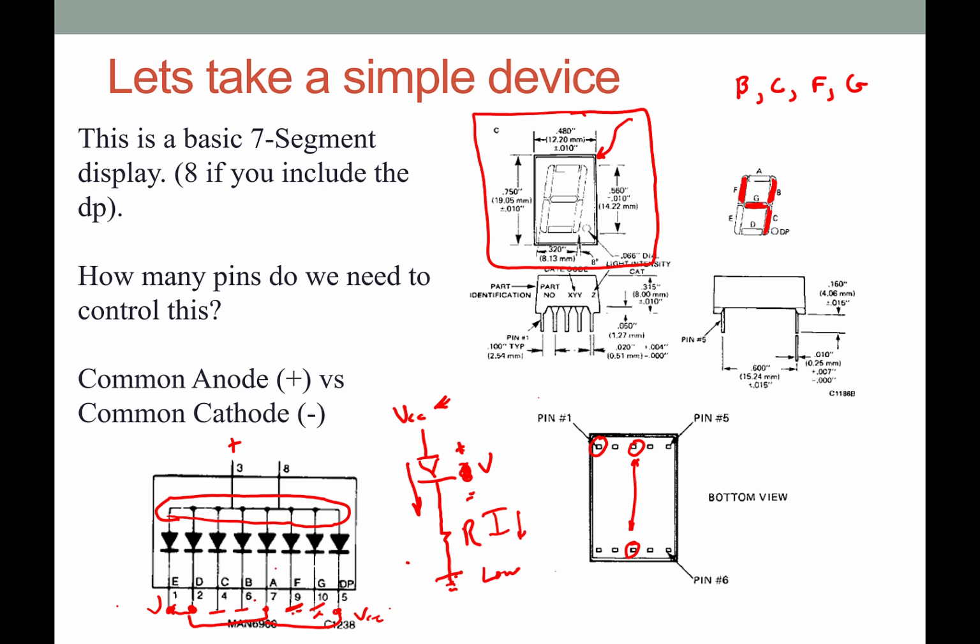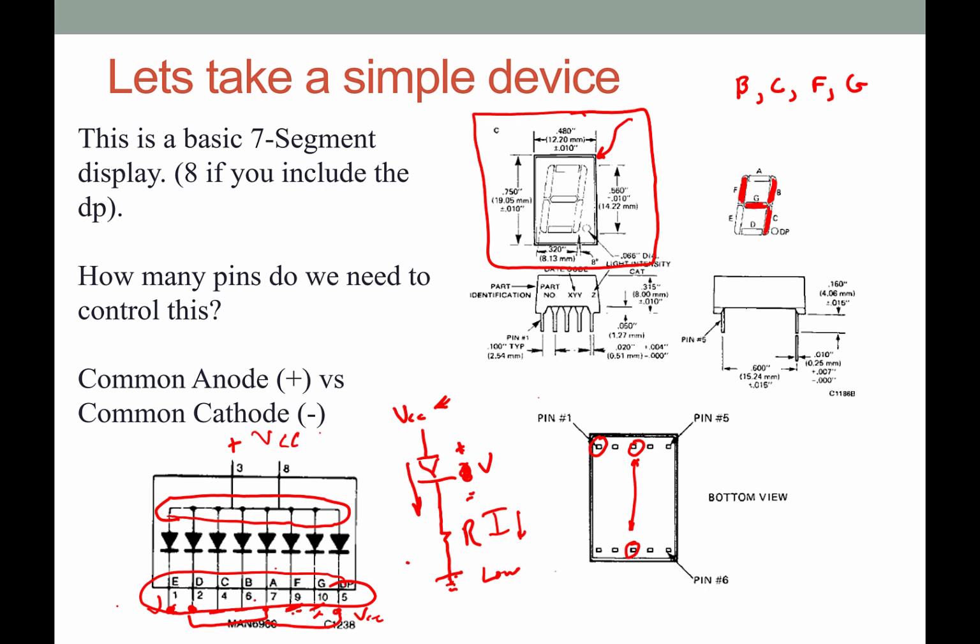So if we have the common anode set up, we can use these as basically our output ports, tie this to VCC, and that's the way we'll be able to get the light to light up in the way we want it to do.